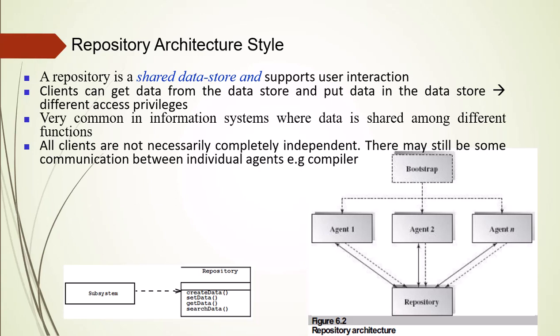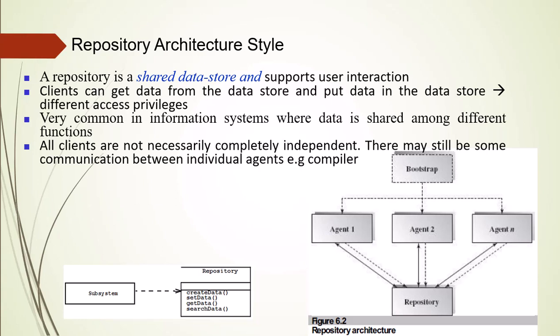It is a very common approach in information systems where data is shared among different functions. All the clients are not necessarily completely independent. As I stated earlier, it is not necessary that we always install different modules on different agents, but the same module's components can be distributed on different agents.